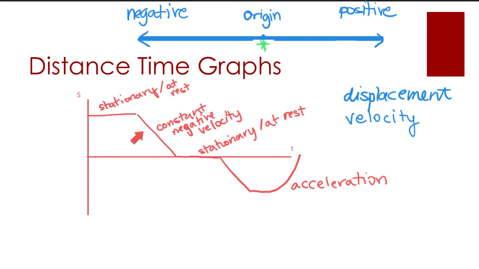If it's moving and I have a constant gradient or a straight line on an angle, then that means I must have a velocity. I am moving. And if it's a straight line, then that velocity will be constant. If, though, my line is curved, that tells me my velocity is changing and I have acceleration. So on a distance time graph, a gradient indicates velocity.